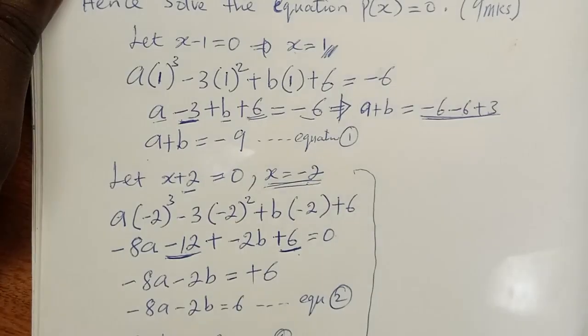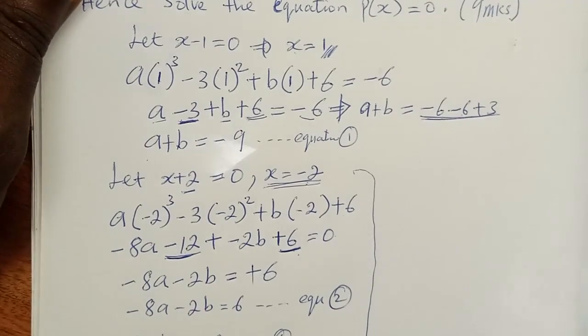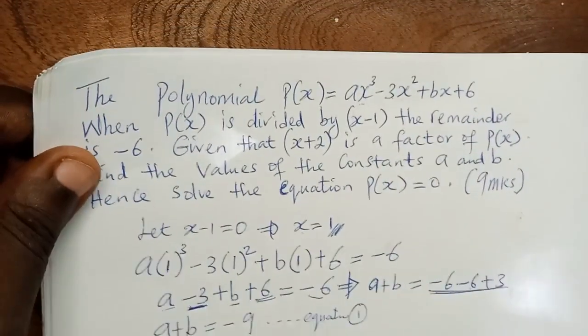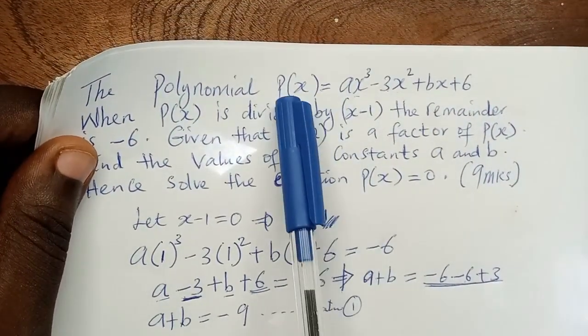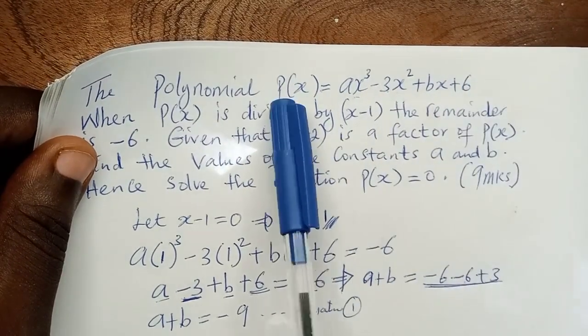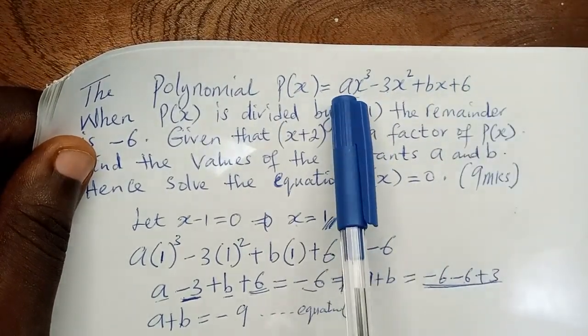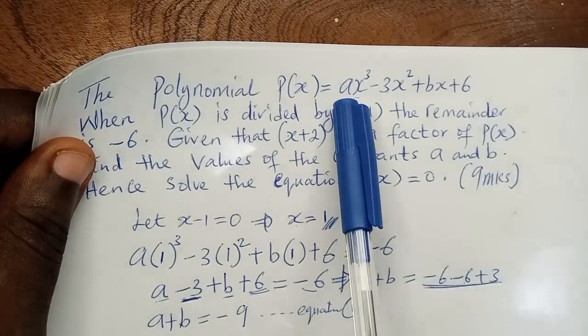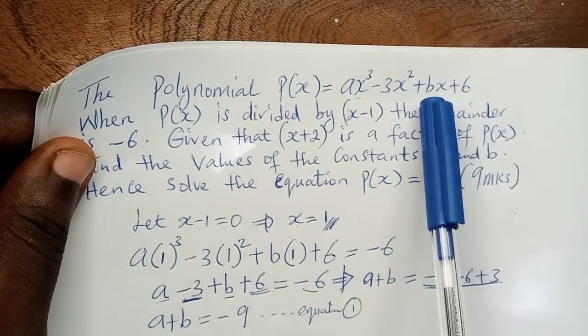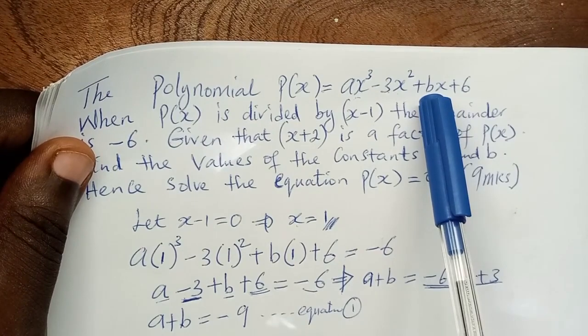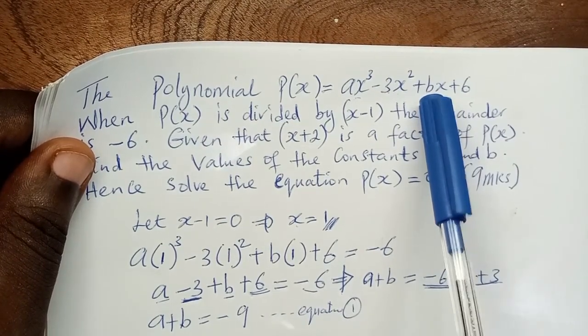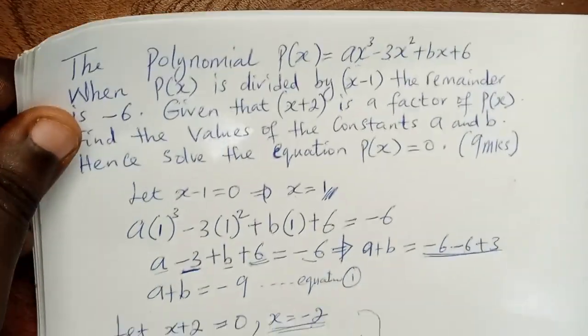Since we already know the values of a and b, the next step is to rewrite this expression: any place you see a, insert the value of a, which is 2, and any place you see b, insert minus 11. So we are going to do that here.